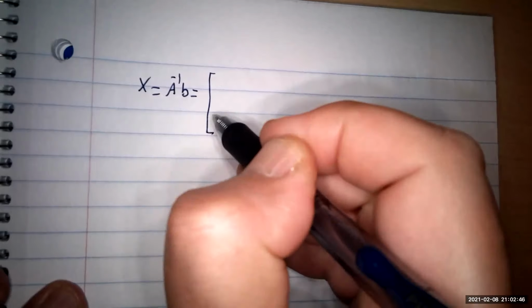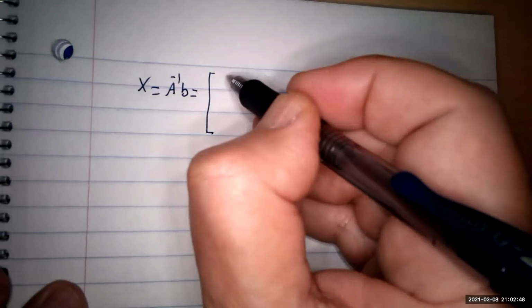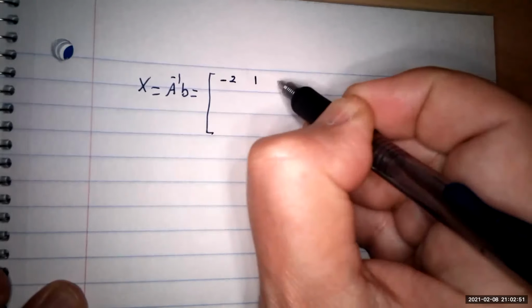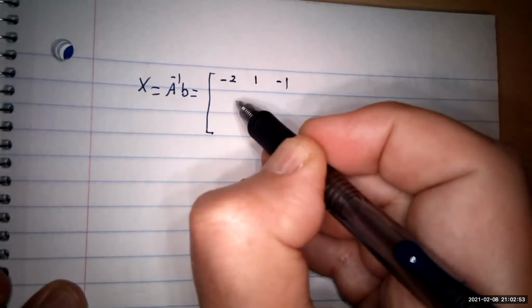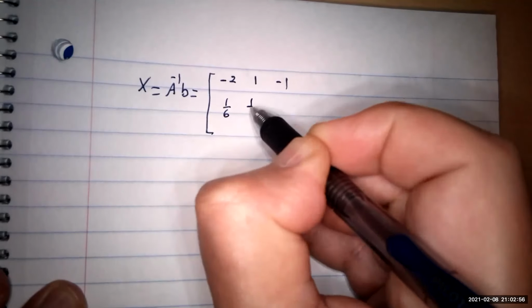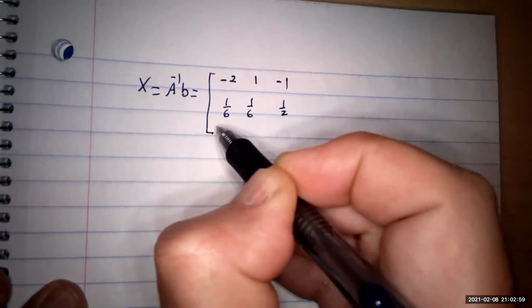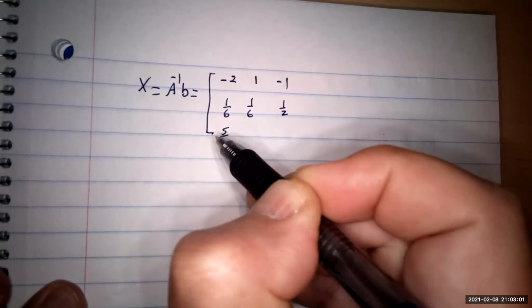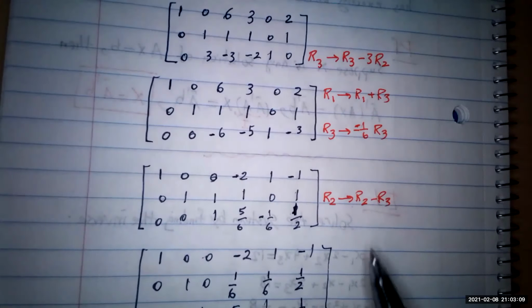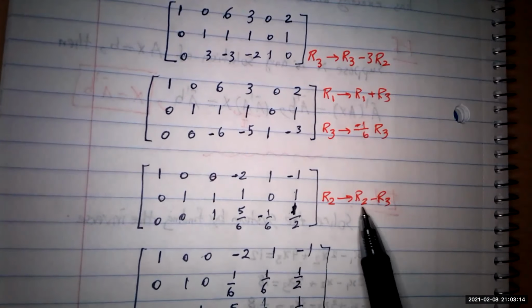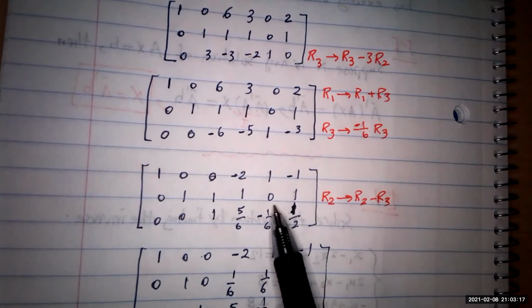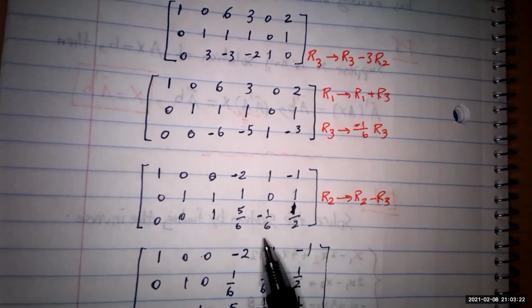So this is the A inverse. We got the A inverse as negative 2, 1, negative 1, and then you have 1/6, 1/6, 1/2, and 5/6. Double check, 5/6, 1/6. I just check this one. That was the R2 minus R3. So that gives you, in fact, a positive 1/6, yes?